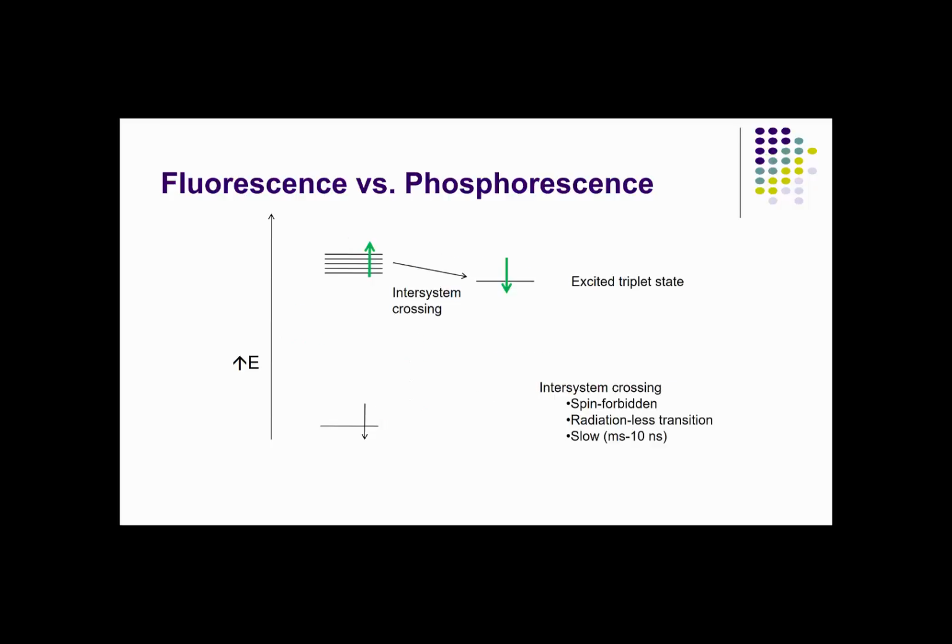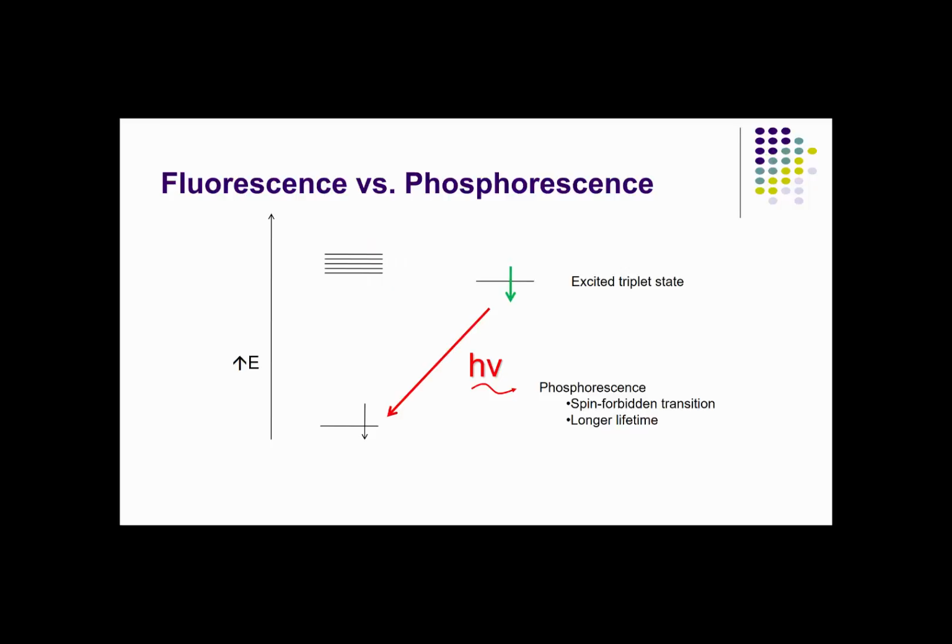Now, sometimes an excited state will undergo a change in spin angular momentum through a non-radiative process that we refer to as intersystem crossing, or ISC. And it will produce a triplet state, as is depicted on this slide. ISC is a relatively slow process, and it may take from tens of nanoseconds to milliseconds or longer in order to complete.